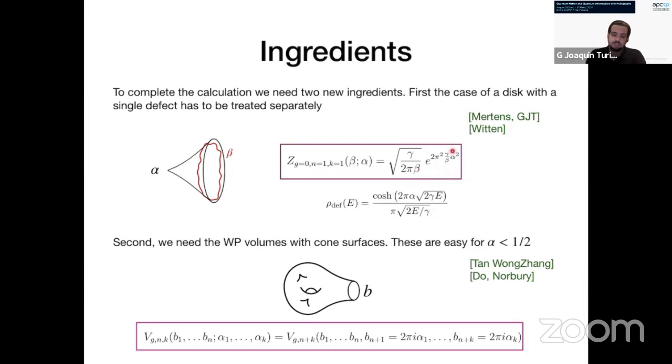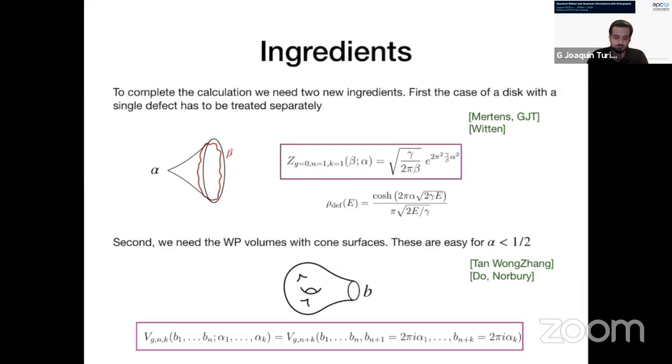This is a semi-classical contribution, and this is a one-loop contribution. The reason why here you have beta and not beta cubed is that this geometry has only a U(1) zero mode, related to rotations along the defect, as opposed to three. And the density of states that you would derive from this contribution has this form.